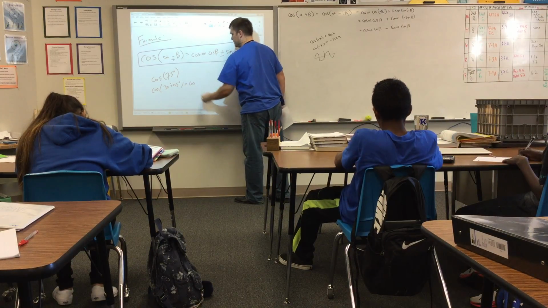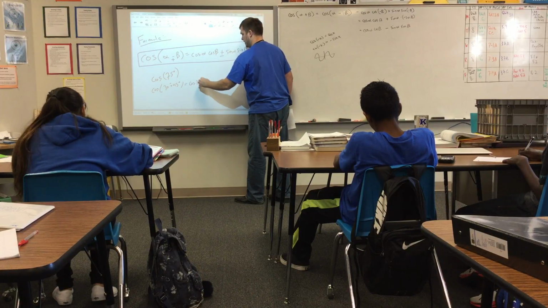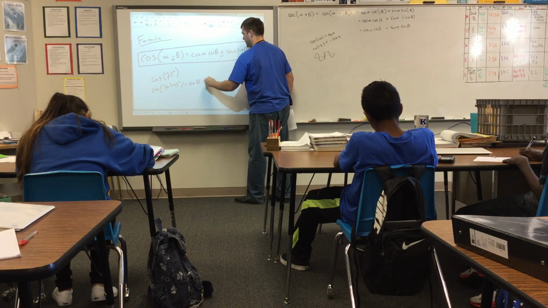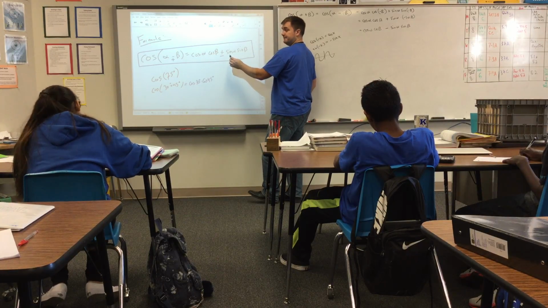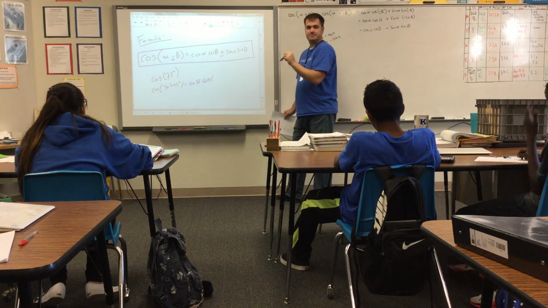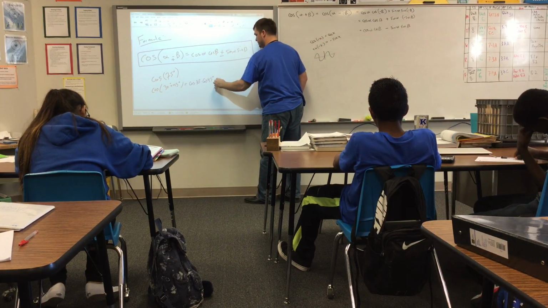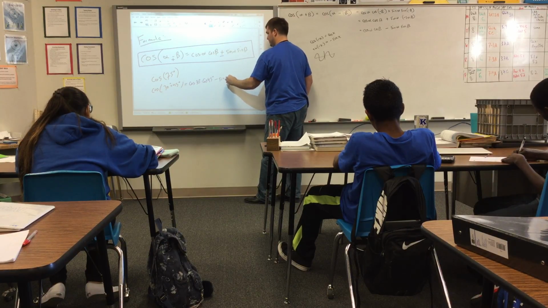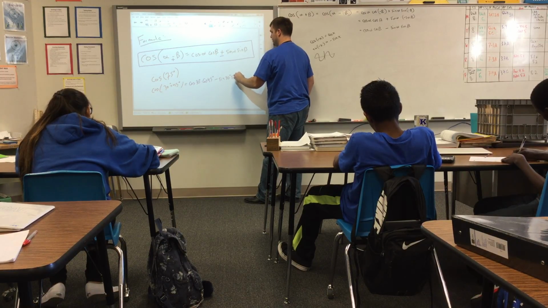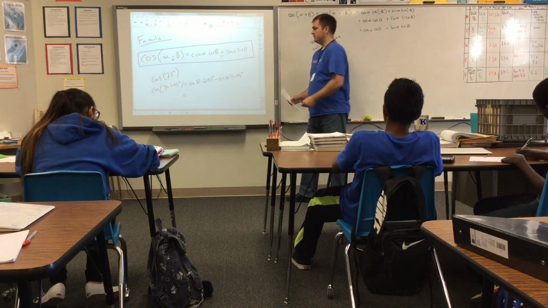That's going to be cosine 30 times cosine 45 plus or minus. Which one do you think? Minus. Matches right there. Minus sine 30 sine 45. Get out your trig chart and we'll plug these in.